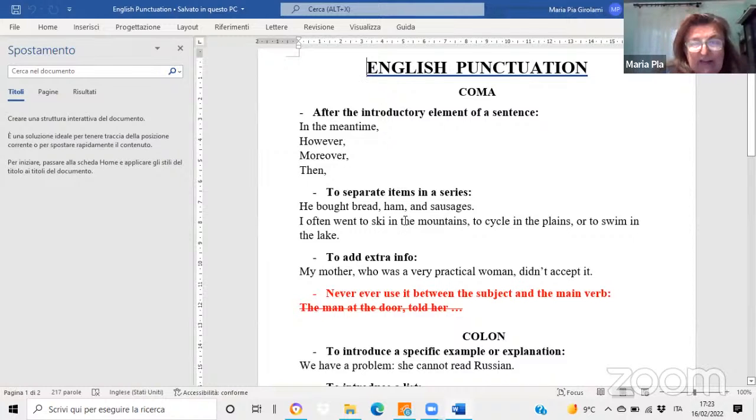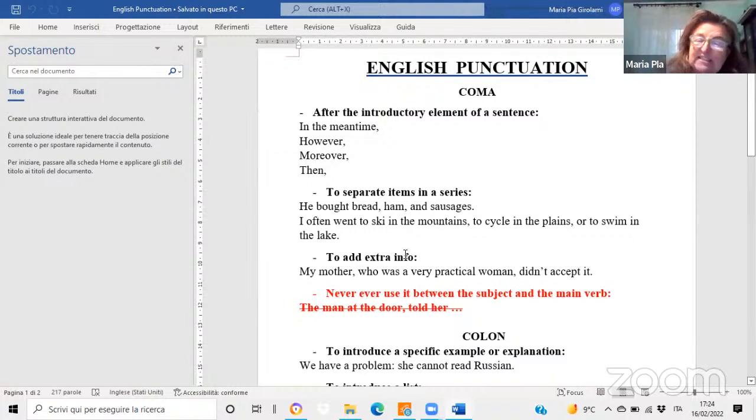On the contrary, in English, you have to divide all the items, including the last one. So he bought bread, comma, ham, comma, and sausages. I often went to ski in the mountains, to cycle in the plains, or to swim in the lake. Okay, before or, we need a comma because this is a different item, if you know what I mean.